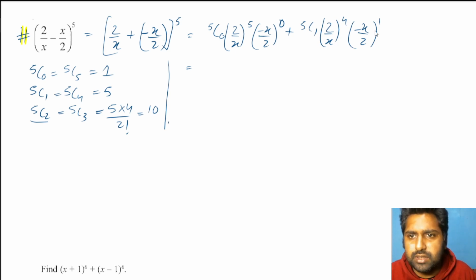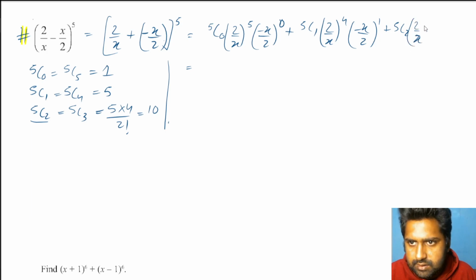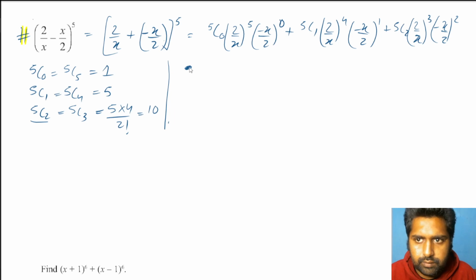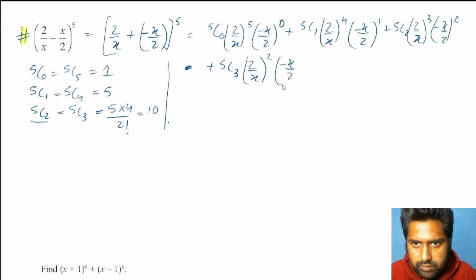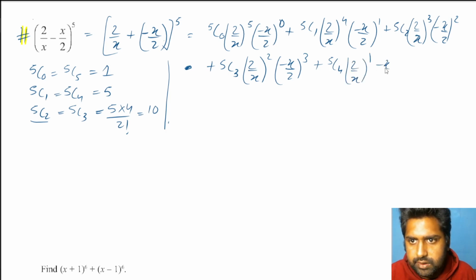So power has to be total 5, plus 5c2, 2 by x power 3, minus x by 2 power 2, plus 5c3, 2 by x power 2, minus x by 2 power 3, 5c4, 2 by x power 1, minus x by 2 power 4. One power decreases, one power increases, like that.